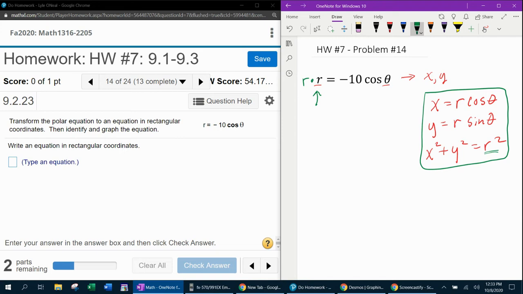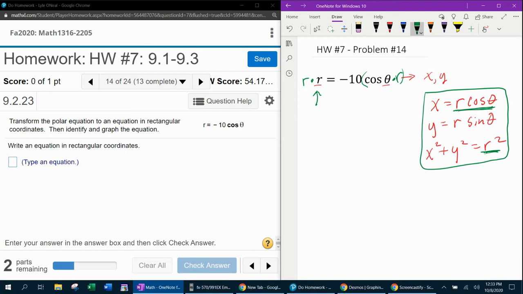But whatever I do to one side, I have to do to the other, so I would have to multiply the other side by r, and notice that that's going to give me r cosine theta, which now matches the formula for x. So what I'm going to do here, a little tricky, is multiply both sides by r to give me an r squared and an r cosine theta, and then I can make an appropriate substitution.